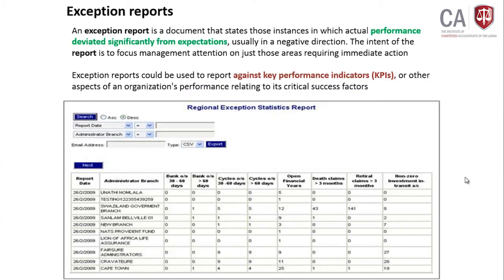An exceptional report is a document that states those instances in which actual performance deviates significantly from expectation. Most of the time it is used for KPIs, key performance indicators.